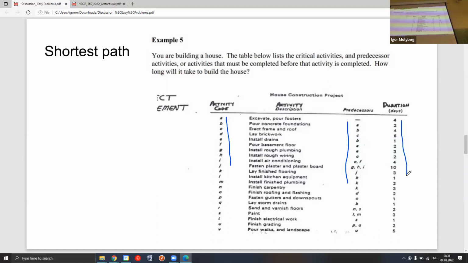But for any other node, there will be a cost that we will need to pay before we can start the next activity. And the question that we are really asking here is, what's the longest path that we would need to take, since we will take all of the paths. In order to construct a house, you need to go through all of the nodes.